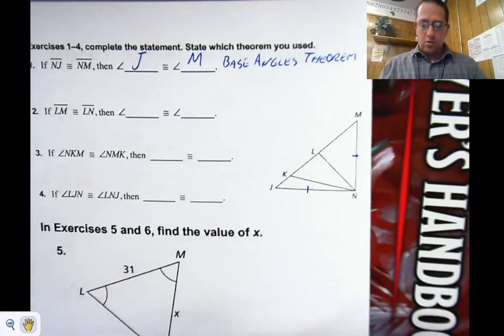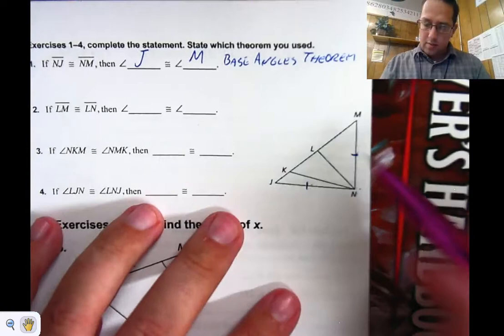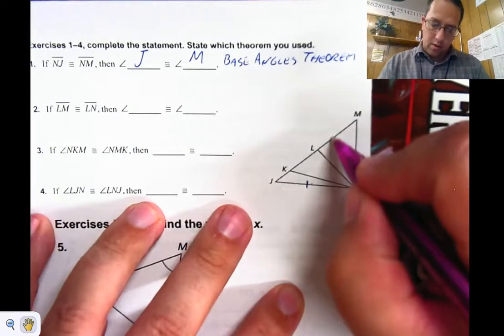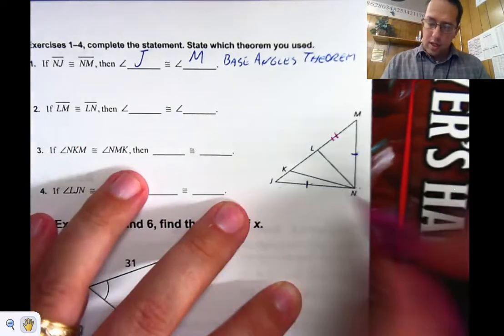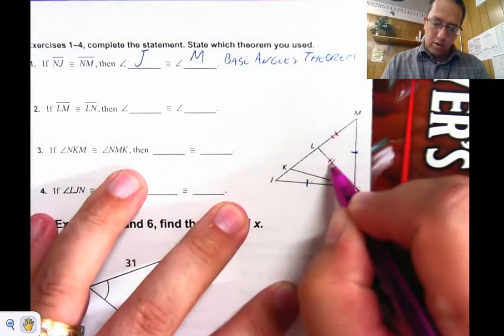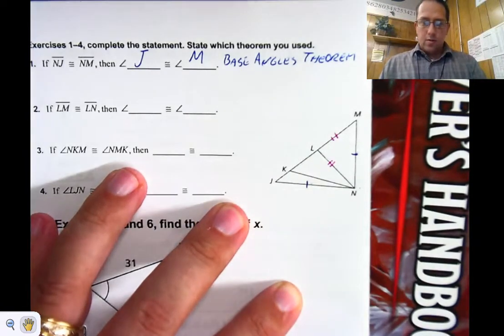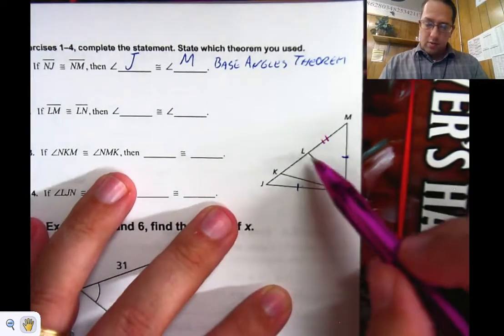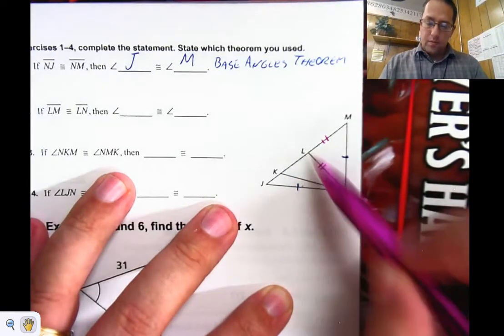Let's change colors. If segment LM is congruent to segment LN, then which two angles are congruent? So let's see, LM, that's right there, congruent to segment LN. I'm putting two tick marks on these so I don't get them confused and think they go with those ones. All right, so which angles are congruent? So looking at this, we have LMN. This is the triangle we're looking at.